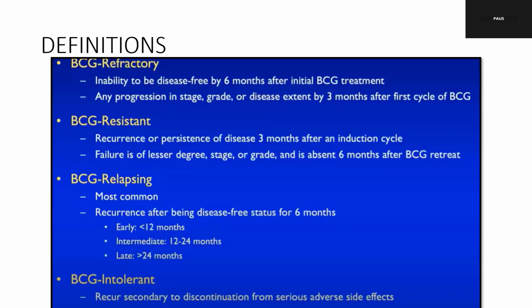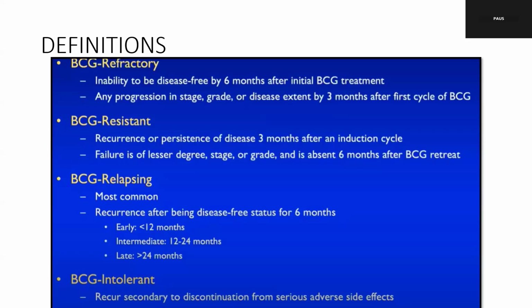invasive category. These definitions are confusing, but just remember, BCG refractory is if you can't get a disease-free status by 6 months of BCG treatment, or at the end of the 3 months the tumor is progressing in stage or grade.